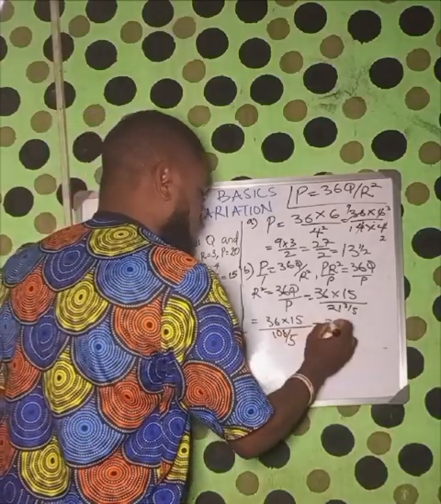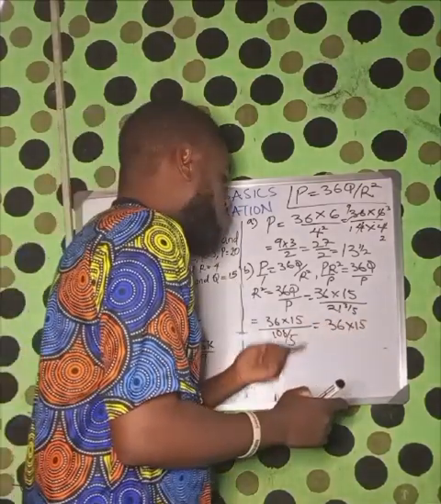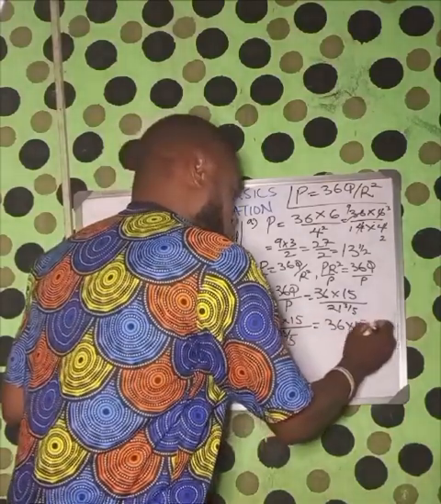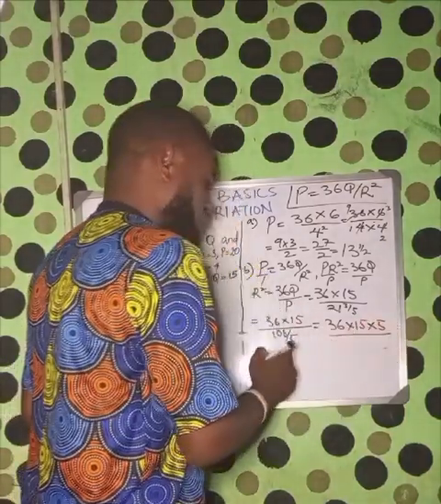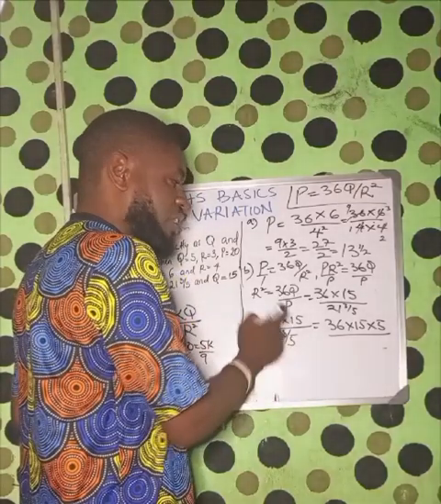So I'll bring it out as 36 times 15. This 5 automatically goes up. When you're doing fractions, this 5 here goes to the numerator, and another one here. So you take this 5 up.